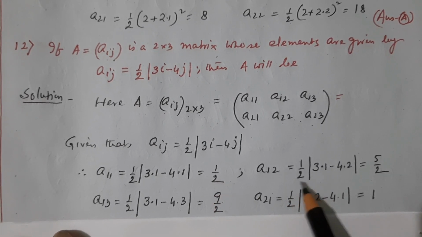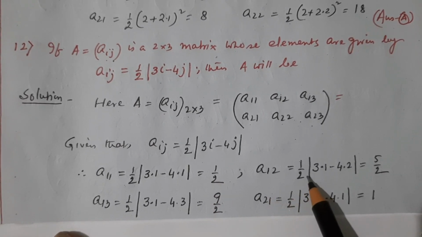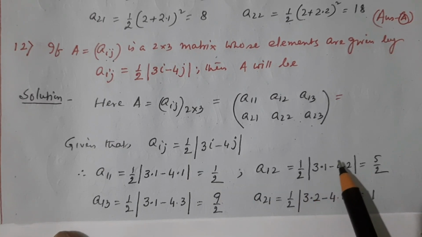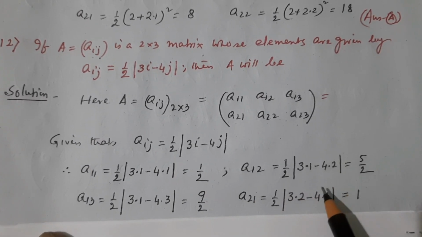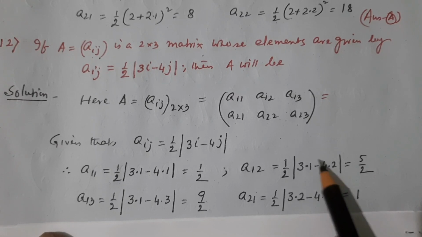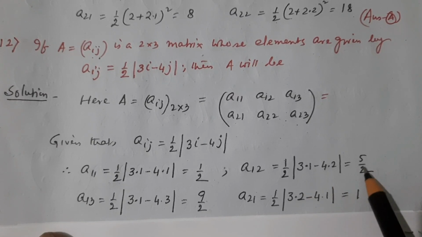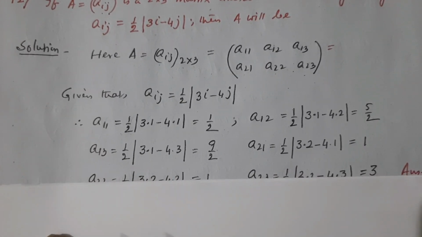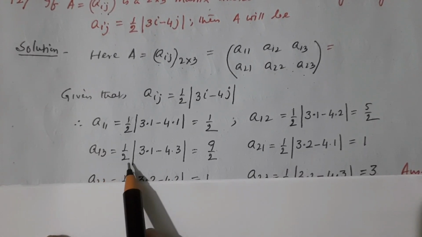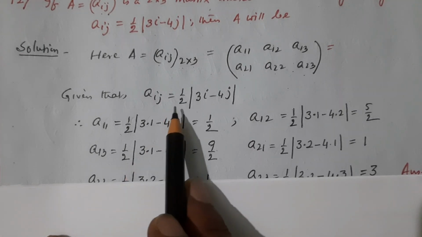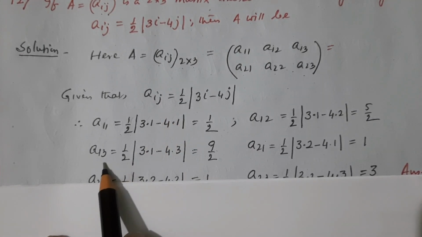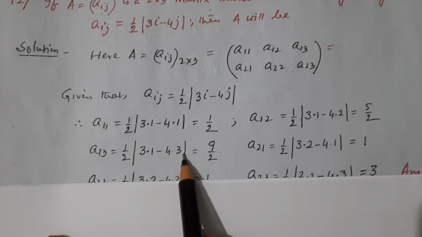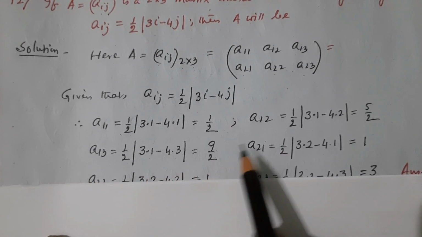A12, i equals 1, j equals 2, we put this in the relation and get half of modulus of 3 into 1 minus 4 into 2, and taking the modulus we get 5 by 2. A13, i equals 1, j equals 3, half of modulus of 3 into 1 minus 4 into 3, that is 9 by 2.